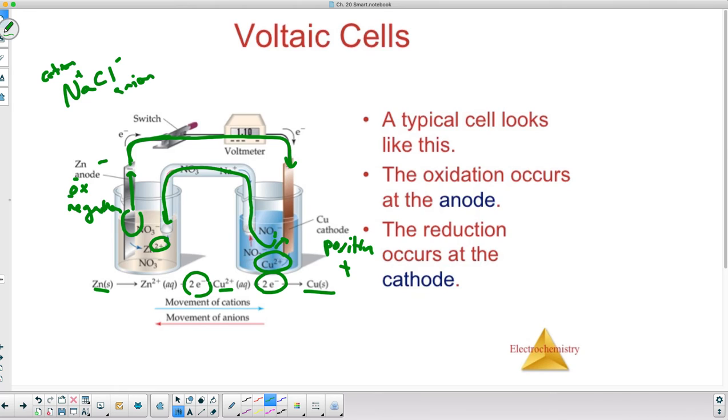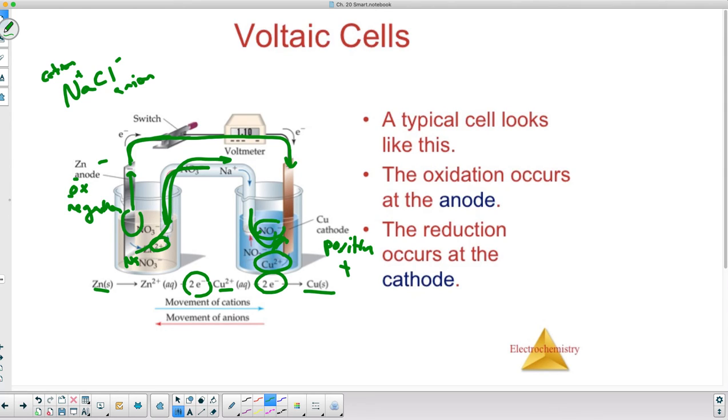Now here's the cool thing: if you are building up copper on the cathode, then the nitrate part of the copper nitrate, which is the negative part, the anion, is flowing through the salt bridge and going to the other side like that, while over here we're getting more zinc with a plus 2, and the sodium cations in the sodium nitrate are going back in the opposite direction.